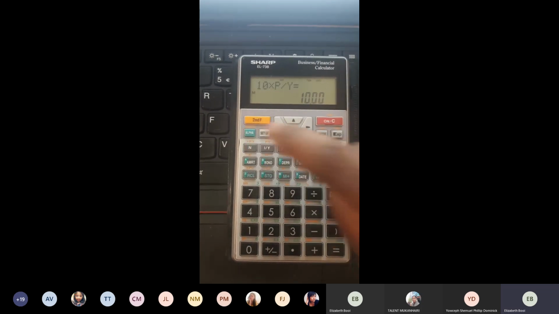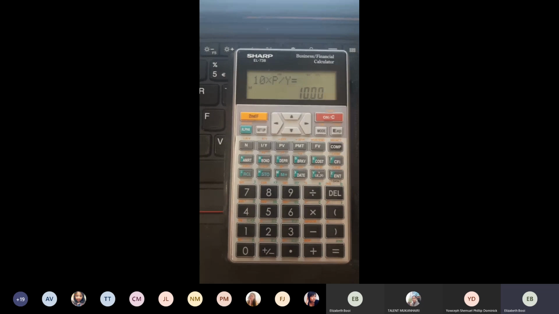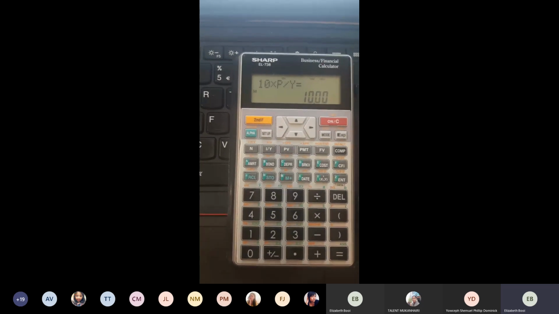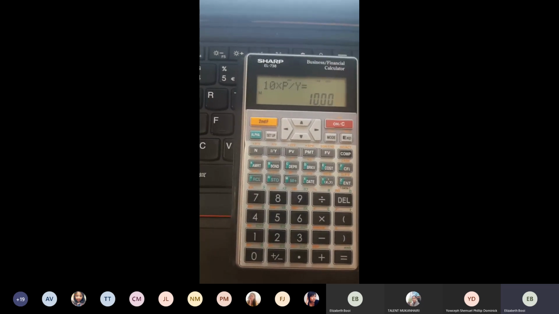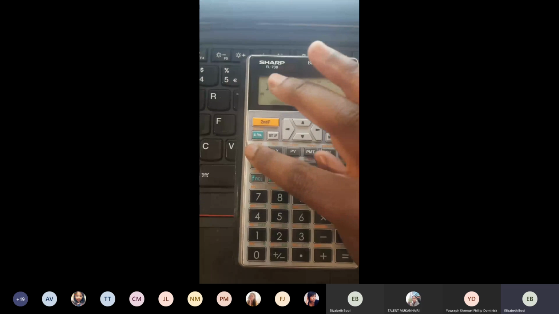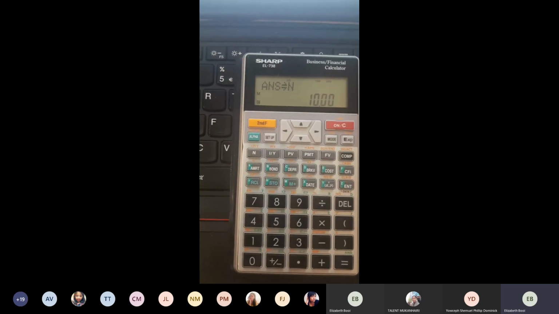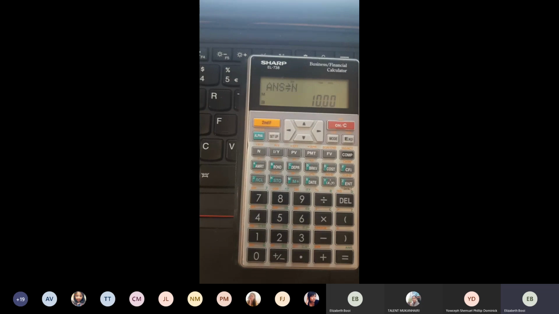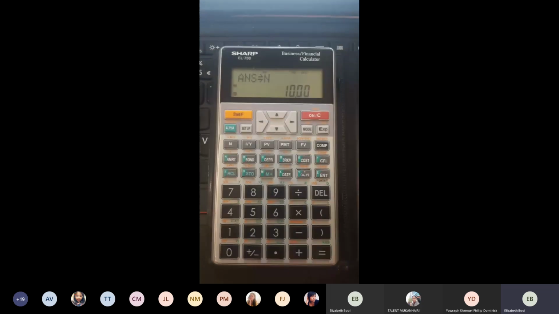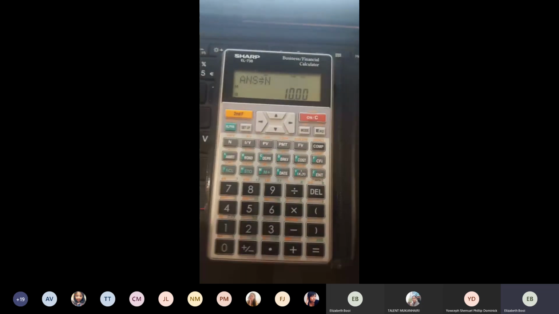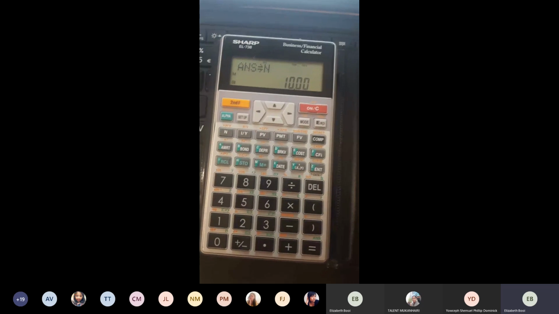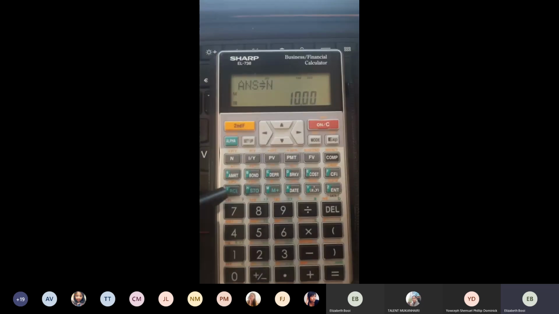You will see what it does. It says 10 multiplied by P/Y, and remember our P/Y is our compounding period. And when I press N, it will give me the answer for N, which has now stored that value of N. And now I am ready to calculate. But sometimes you are not sure that you have done the numbers right. What you can do is use this recall button.